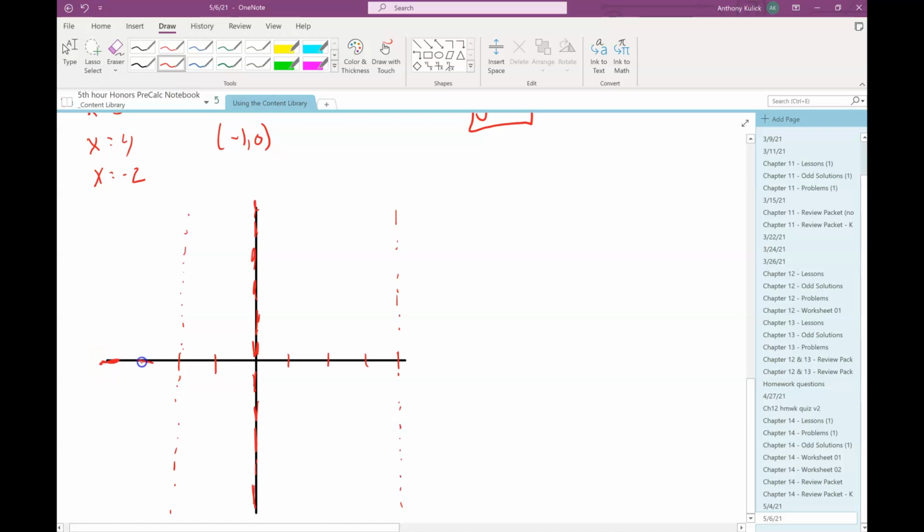And then we have this horizontal one here at 0. And then I have x-intercepts here. And now it's time to go and look at my limits.